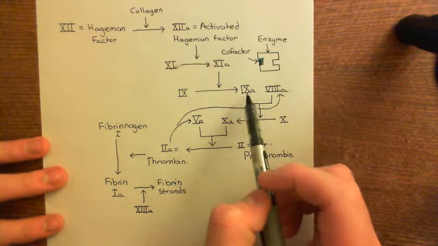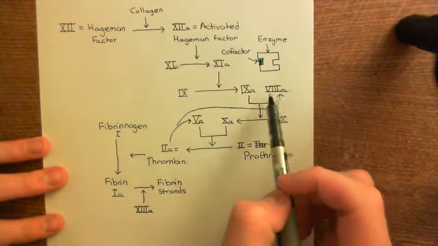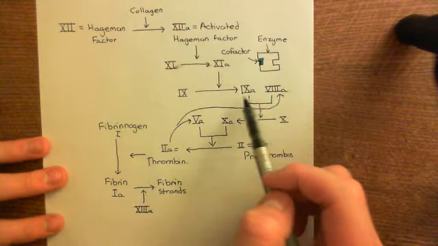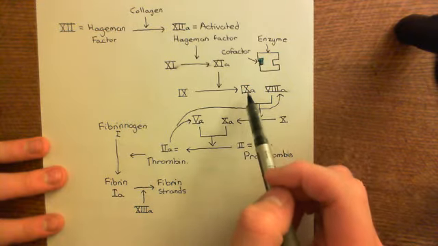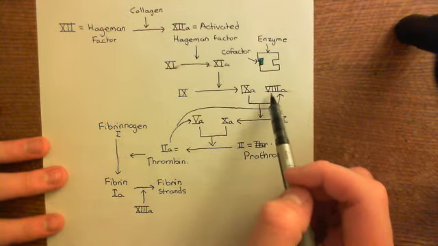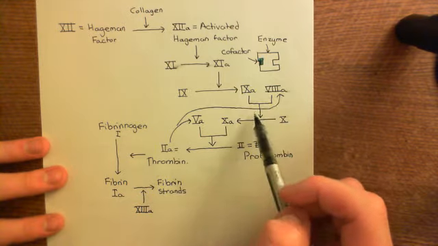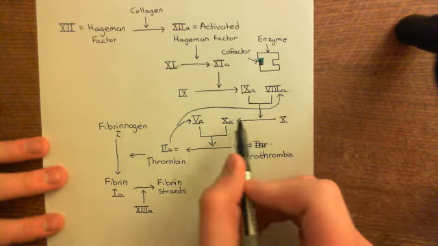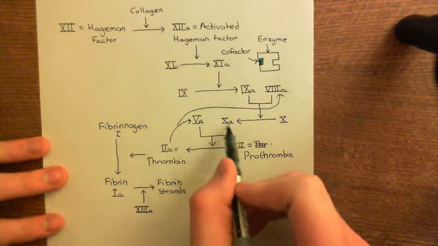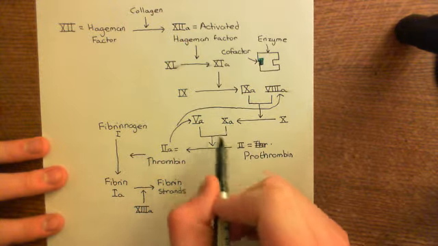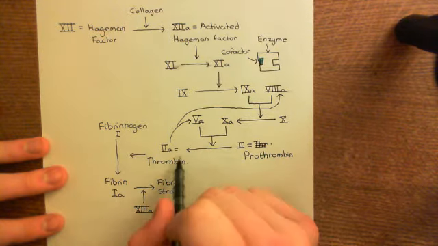So before, when you've got really low levels of 9A and 8A, that doesn't do anything. But when you've got massive levels of 9A and a little bit of 8A, that's capable now of doing something, and it will activate a little bit of 10A, and then this little bit of 10A will react with a little bit of 5A to then create more thrombin.